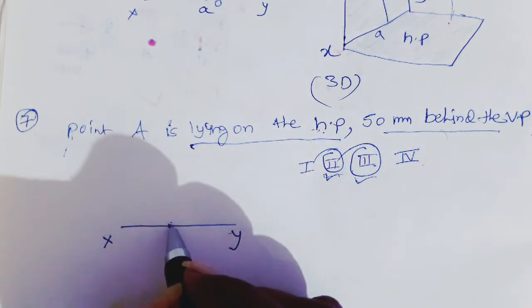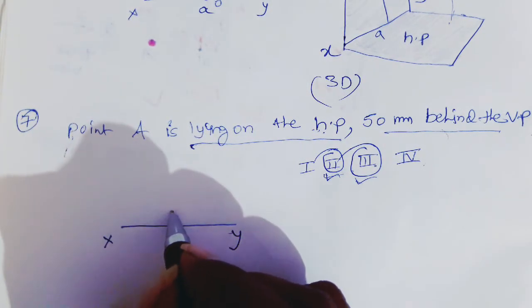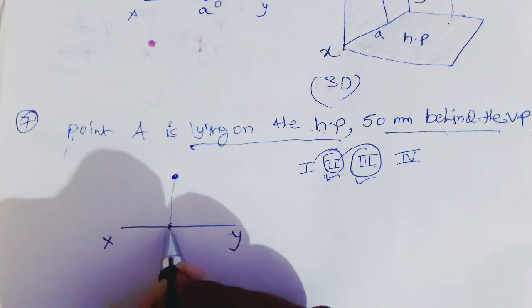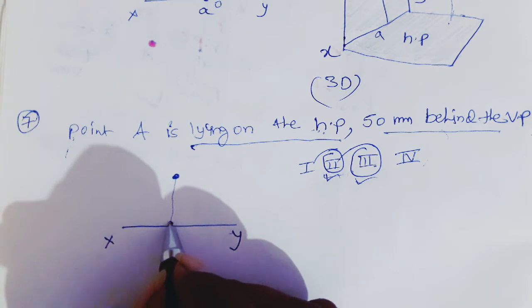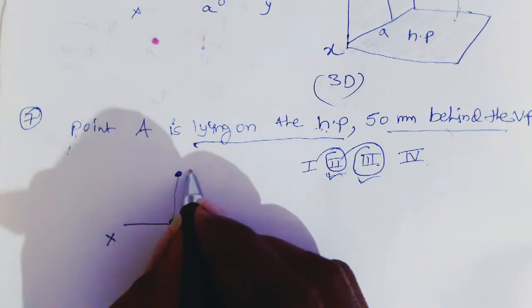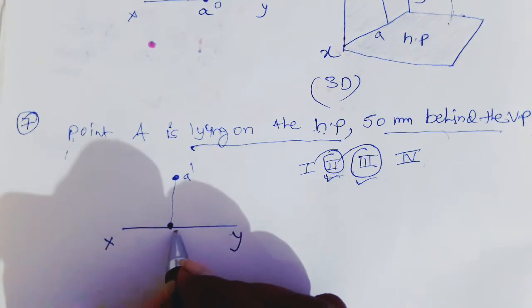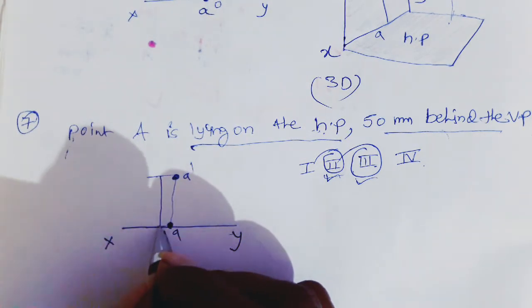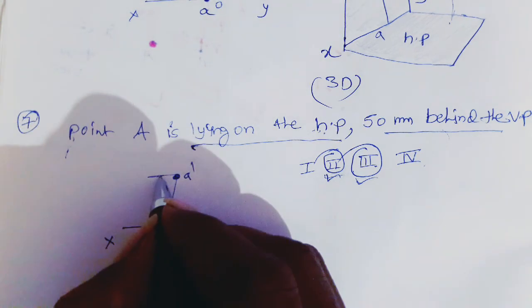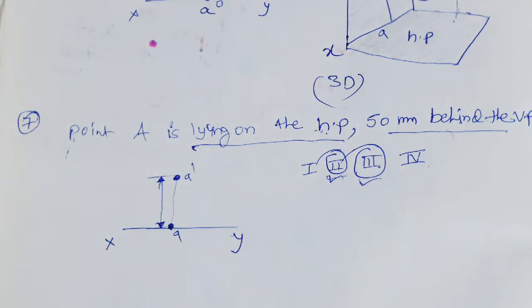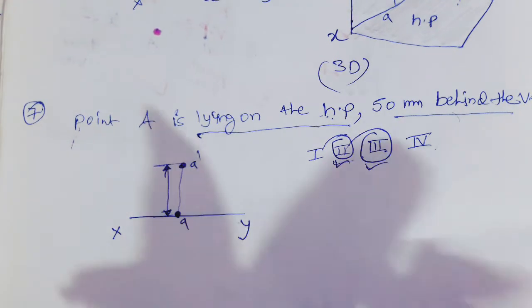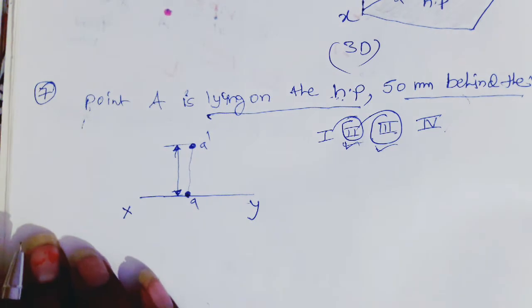Okay, and then 50 mm. This is the 50 mm. Next, I am marking A dash and A. Okay, is it okay?